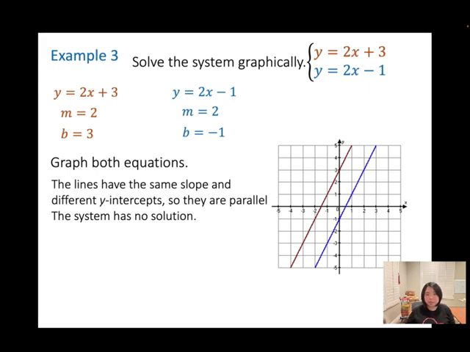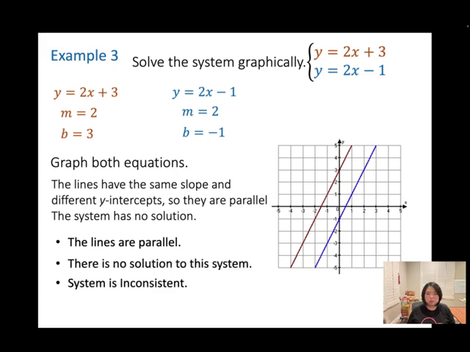When the lines are parallel, the system has no solution because they don't have any intersection point. The system is inconsistent because we can't find any solution here, and the equations are independent, because these are two different equations.